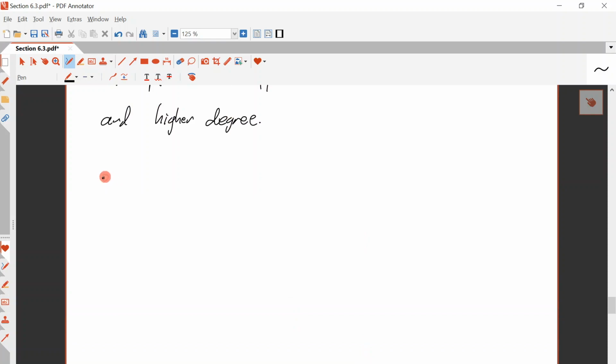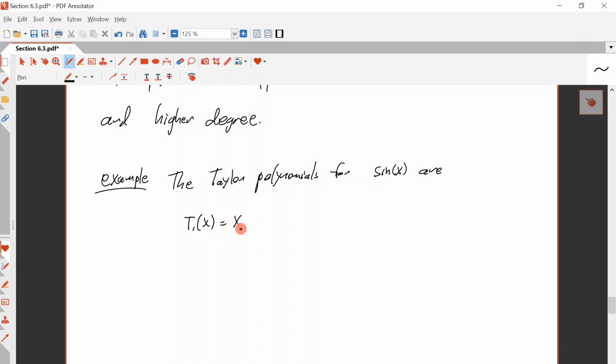For example, the Taylor polynomials for sine of x are: T1 of x is just x, T3 of x is x minus x to the third over 3 factorial, T5 of x is x minus x to the third over 3 factorial plus x to the fifth over 5 factorial.